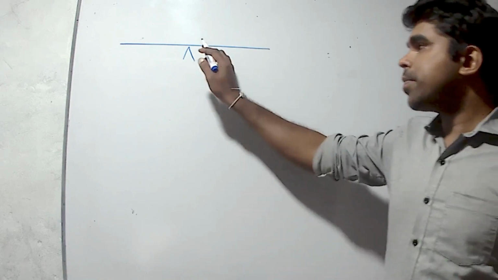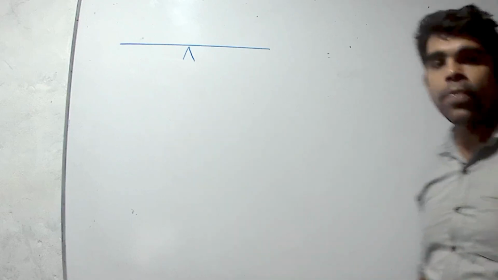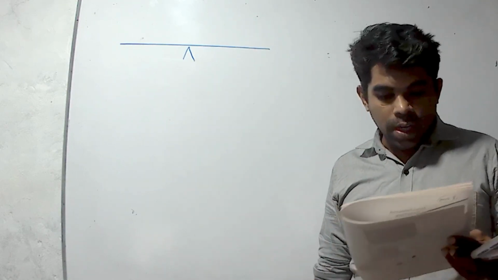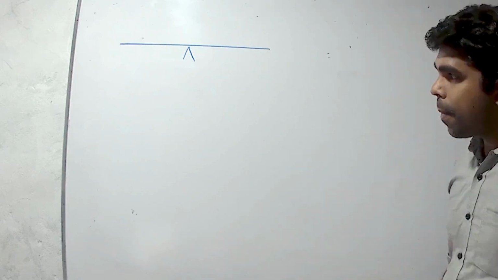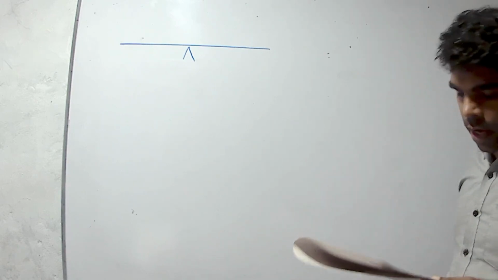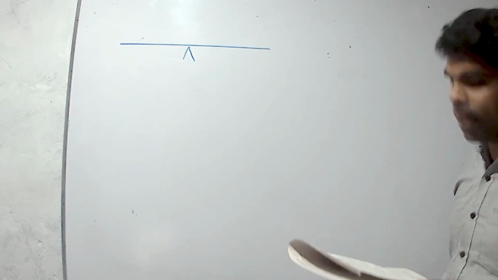When we get this pivot point as the center of gravity of the meter ruler, we can do the practical without using calculations related to the weight of the meter ruler.